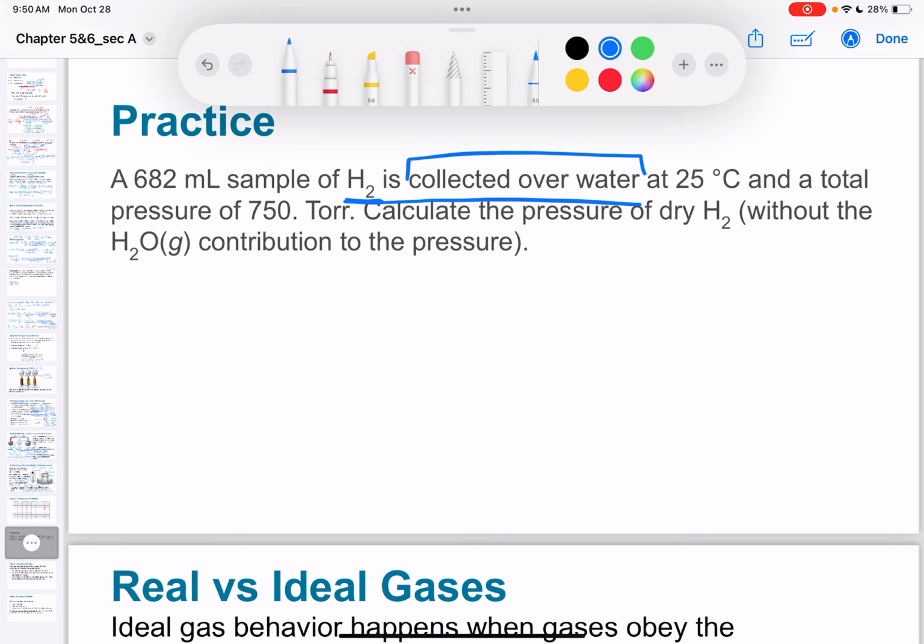Okay. Then it also says calculate the pressure of dry H2. I won't always tell you that, but it says without the water contribution to the pressure. So it means that you need to subtract off that water. The pressure that's measured, P total, is 750 torr.